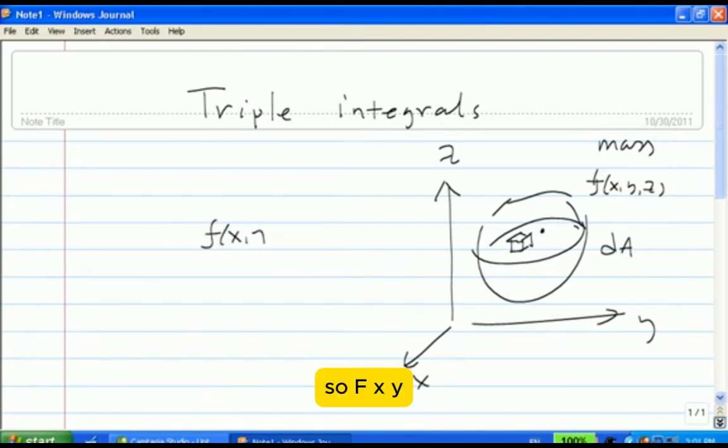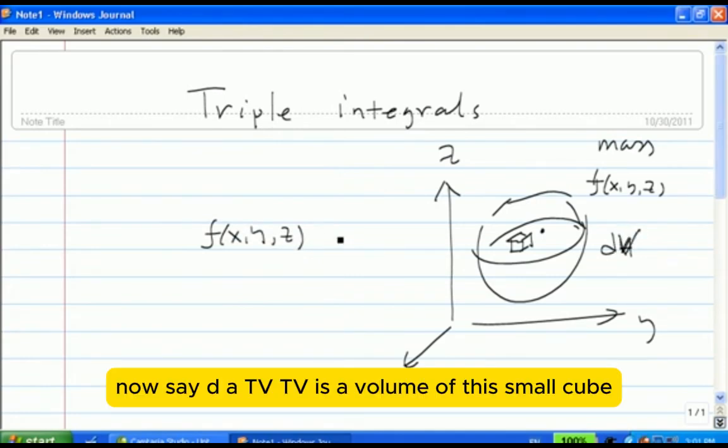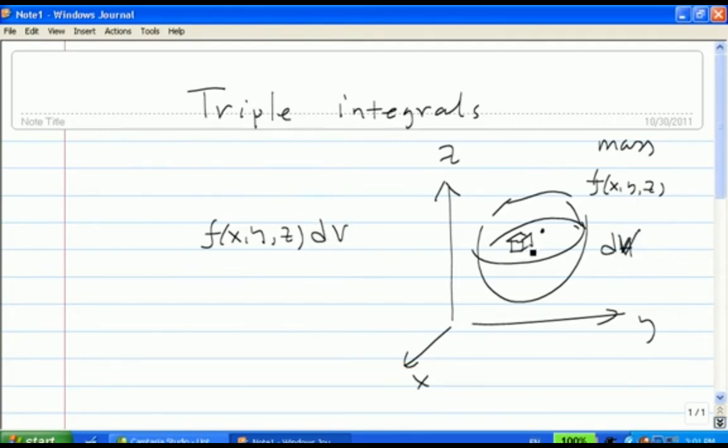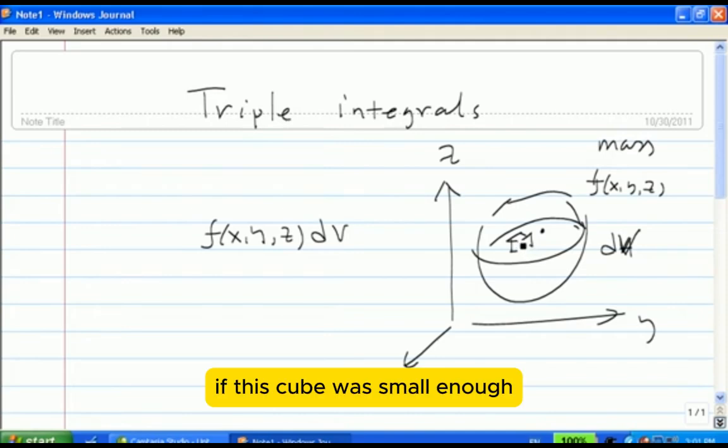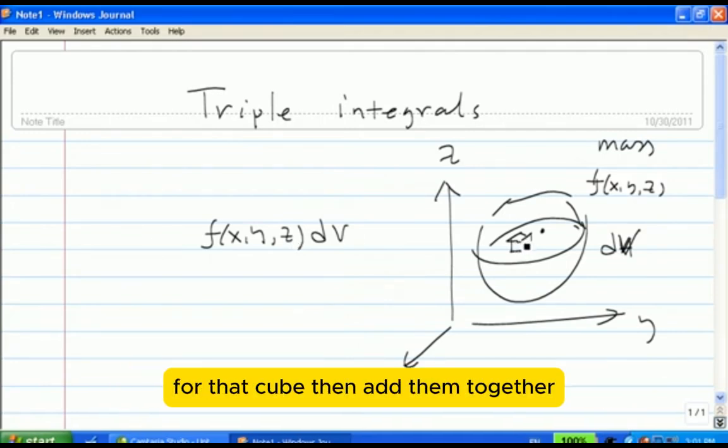So f(x, y, z), which is the density, times dV, where dV is the volume of this small cube. If this cube is small enough, we can think of f(x, y, z) as a constant. So we get an approximation for the mass of that cube.